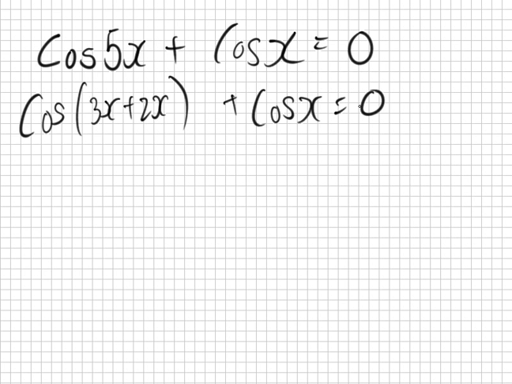Now before I do that, let's just see what's going to happen. So what rule would I need here? I need the cos A plus B rule. So I get cos 3x cos 2x minus sin 3x sin 2x plus cos x.